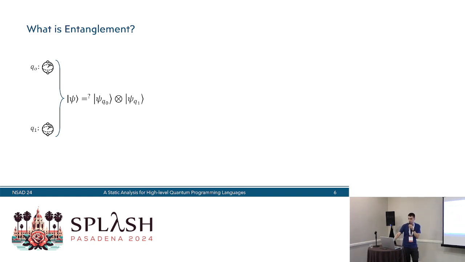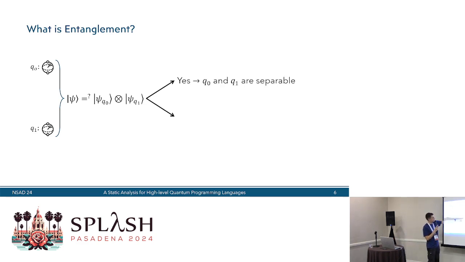The answer is sometimes. In particular, when this happens, it means that these two qubits are separable. So basically, the state of the first qubit and the second qubit are independent. So the global state is a composition of the two single states. This is just like a classical state in which if we have 5 bits, the state of these 5 bits is the composition of the 5 single states.